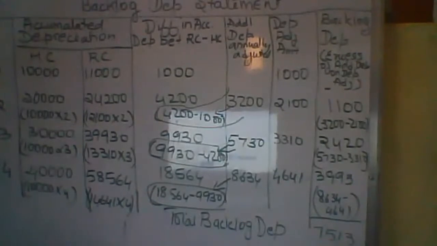So if the inflation is there, assets are increasing their values, depreciation every year is increasing, accumulated depreciation will keep increasing. That excess of accumulated depreciation over your adjustment of depreciation which is already done is called backlog depreciation.